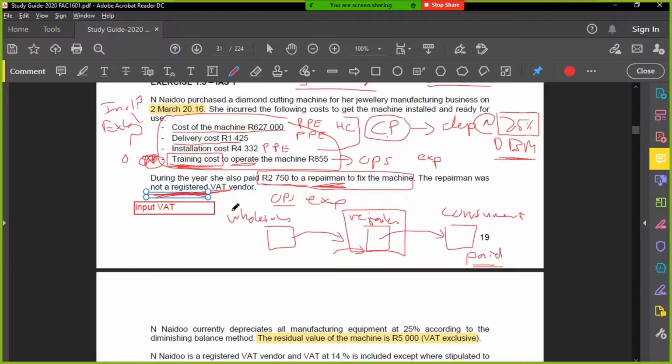Businesses claim input VAT, because the wholesaler would have got it from someone else, their supplier. You have to have input and output before you can claim any VAT. Because they said it's not registered, you don't have any VAT here. If the repairman was registered, you would have input VAT, and then you would have to show this amount excluding VAT.